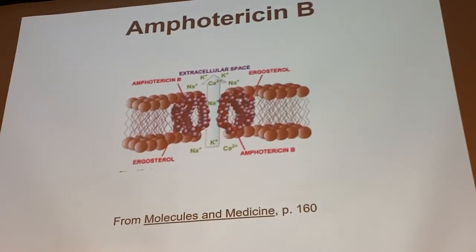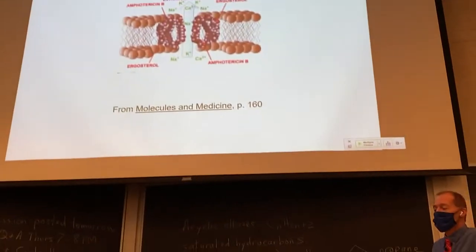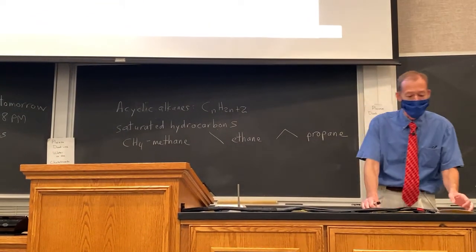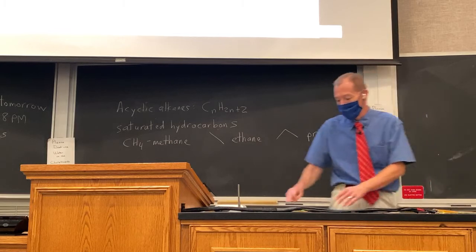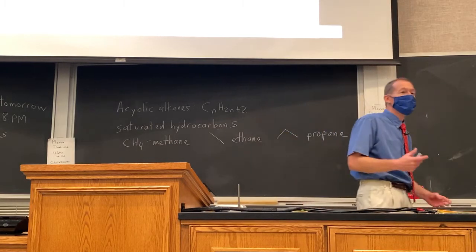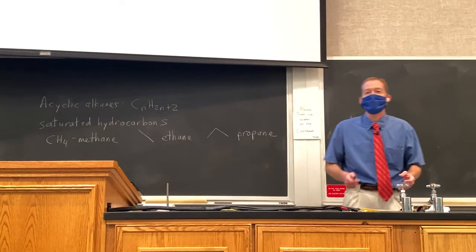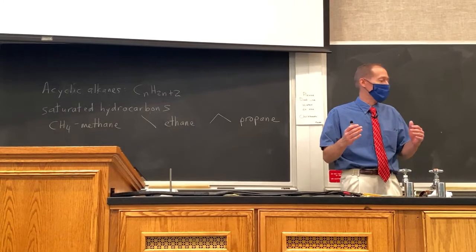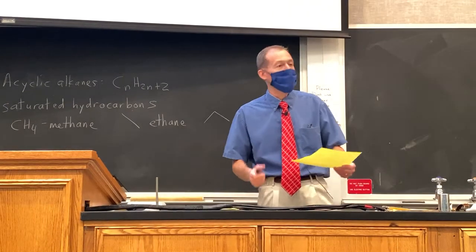So today we're going to learn how to name alkanes, which tells us nothing about their function and their chemistry. So it's not terribly exciting, but it is necessary, right? We wouldn't do anything in class that's unnecessary. It is necessary for us to learn how to name alkanes and cycloalkanes, but we're going to learn just enough. We're going to learn just what we need to know and nothing more in terms of nomenclature because it's not a very exciting topic.